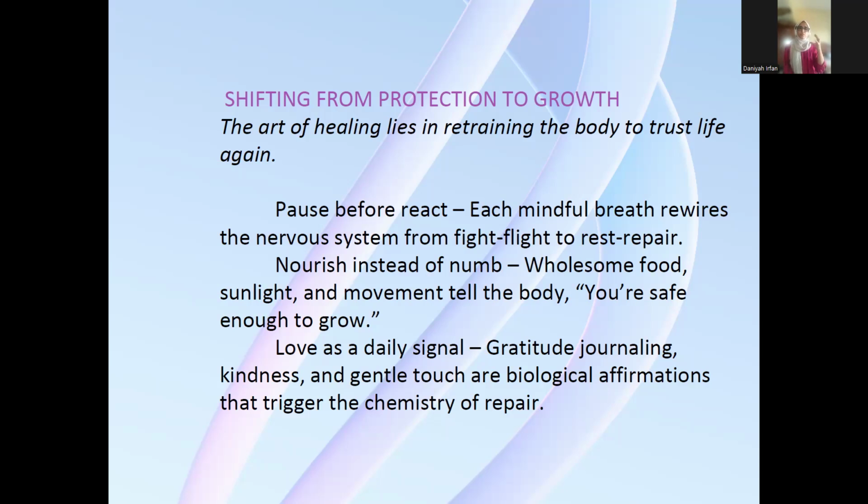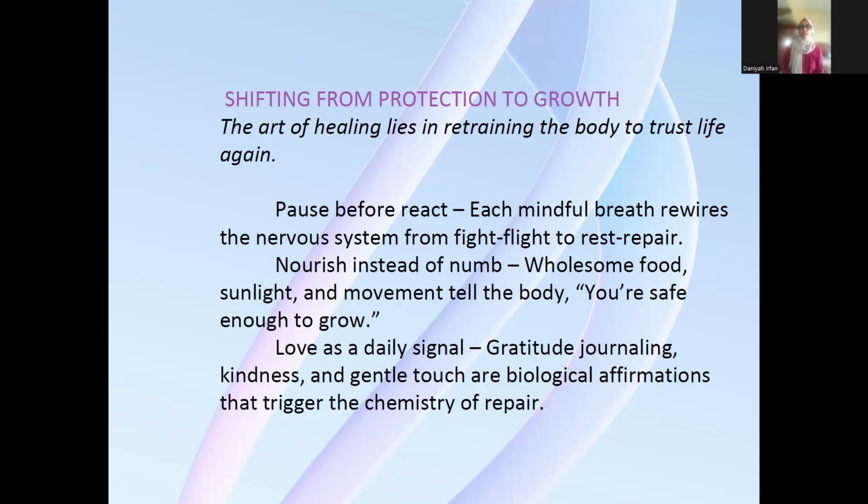Okay, so the mind needs to know when to protect and when to grow. The more we feed on stress, the more the protective side becomes active. The more we feed on healing, the more the growth side gets repaired. The first thing in this is pause before you react.